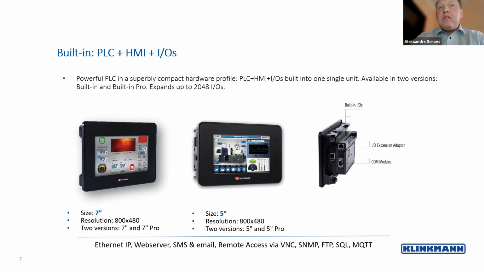Also interesting built-in series where device has included different inputs or outputs on board. Also available different sizes, different versions. So maybe if your machine is not big enough, you can use just built-in PLC series. And of course, it's possible to increase quantity of inputs or outputs for a special expansion adapter possibilities.